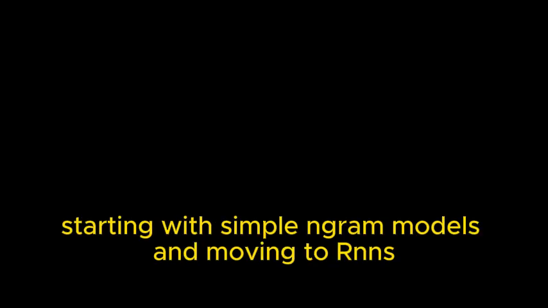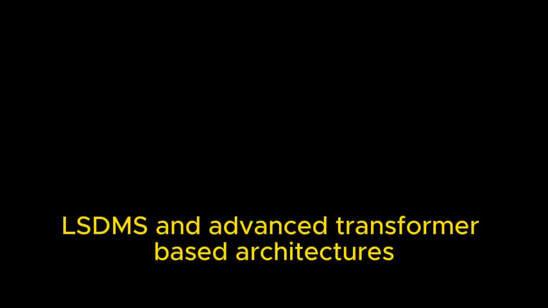Summary: LLMs have come a long way, starting with simple n-gram models and moving to RNNs, LSTMs, and advanced transformer-based architectures. LLMs are computer programs that can process and generate human-like language, with ML techniques to analyze vast amounts of text data.